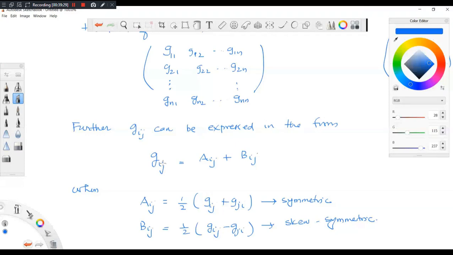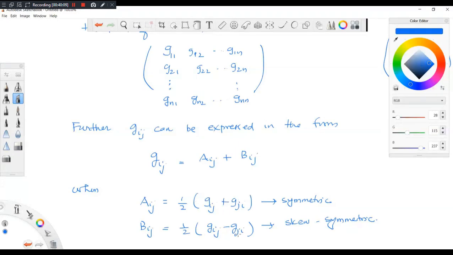Okay, so Gij can be written as Aij plus Bij. Now the first one is symmetric. Why is the first one symmetric? Take its transpose, interchange i and j: this will become Gji, this will become Gij. That's the same thing. And for Bji, what will you get? When you write Bji here, this will become Gji, this will become Gij, so it will be nothing but the negative of this.